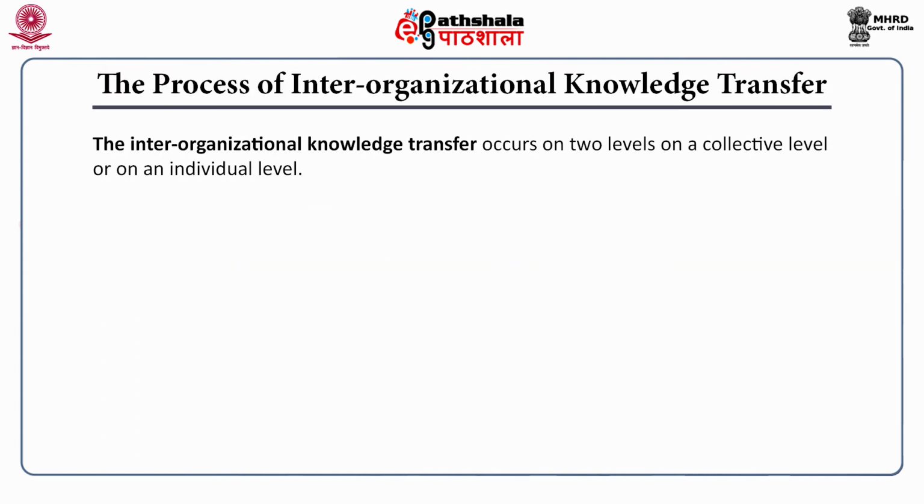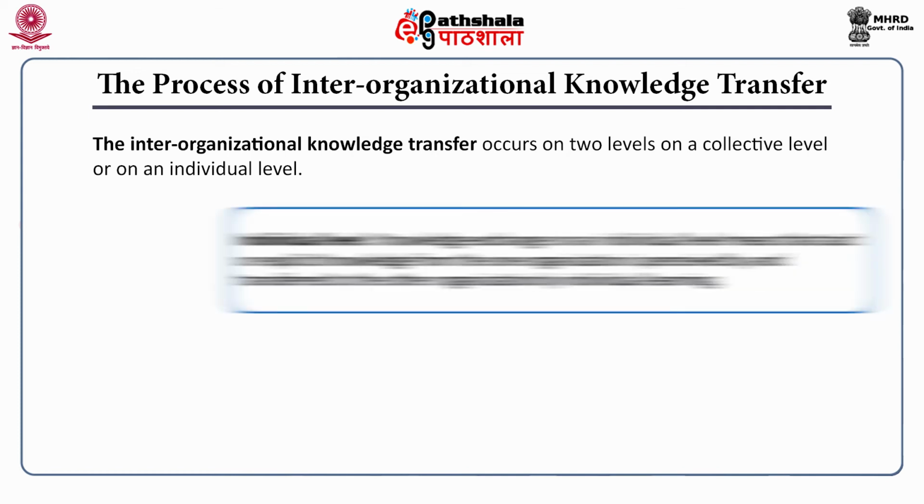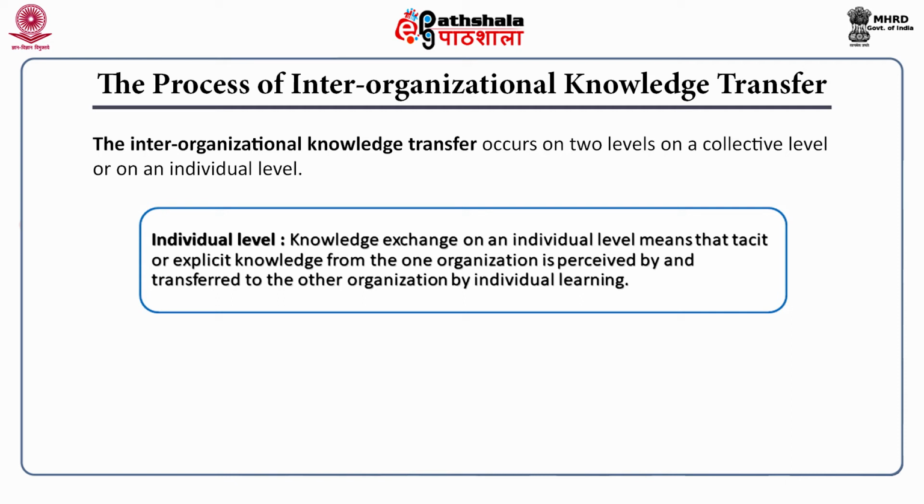The process of inter-organizational knowledge transfer occurs on two levels, on a collective level and on an individual level. On the individual level, knowledge exchange means that tacit or explicit knowledge from one organization is perceived by and transferred to the other organization by individual learning.